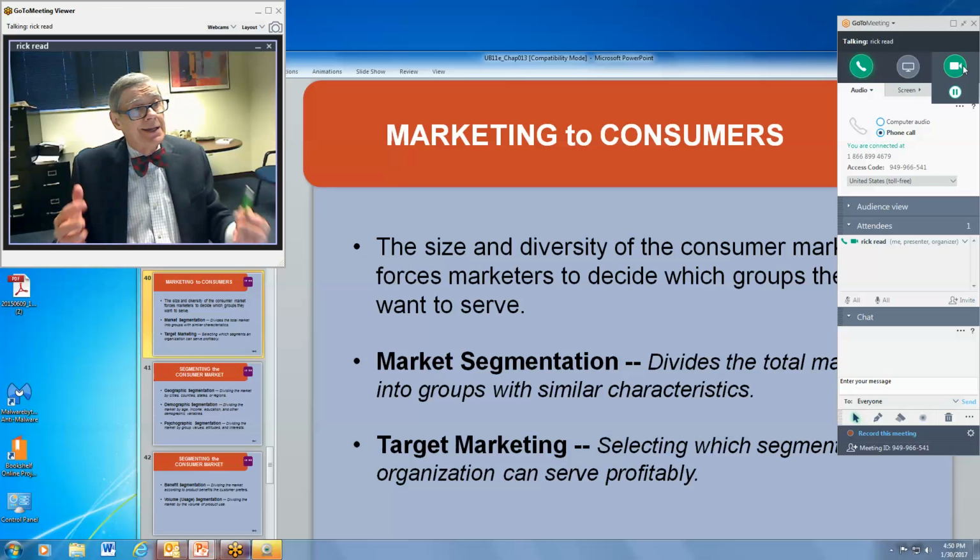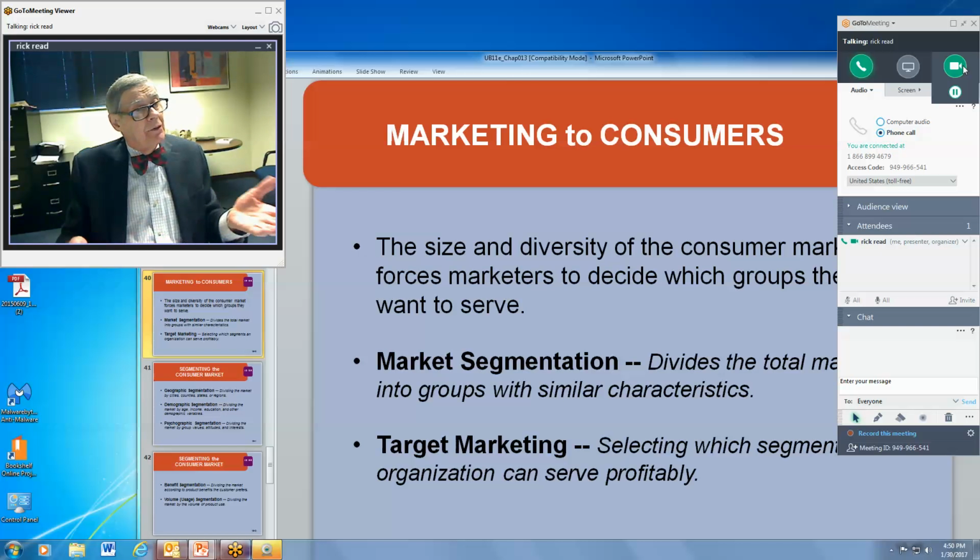Consumer market is a lot larger than the business-to-business market because there are more of us. And marketers are going to decide which market they want to serve. They'll do it by market segmentation, or they'll do it by target marketing, among other things.